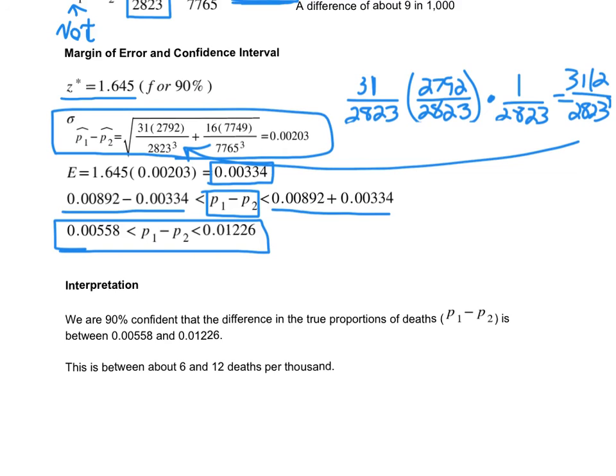That is convincing evidence that there is a significant difference between these two populations. And since it's positive, there's convincing evidence that the first population, which is those not wearing a seatbelt and dying, is greater than the second population, which is those that did wear a seatbelt and died.